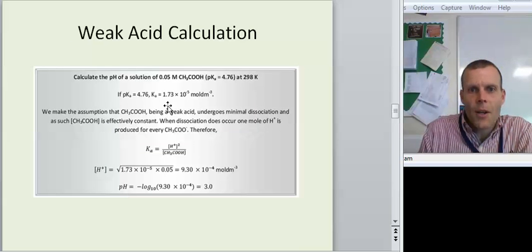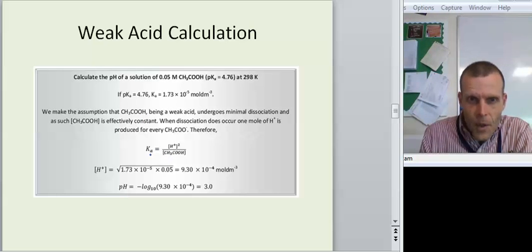So weak acid calculations, this ties in a little bit to our work on equilibrium, because we're going to rely on an important approximation. So I've written my Ka expression, and one of the things I've recognized is that when I take my weak acid, every time that ionizes, I get one of those and one of those.